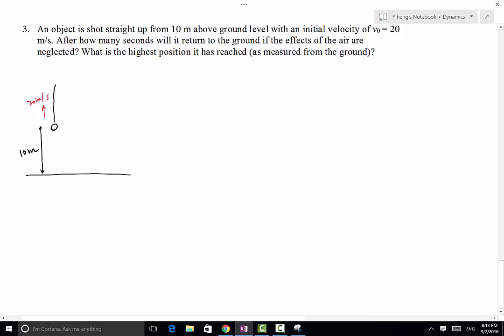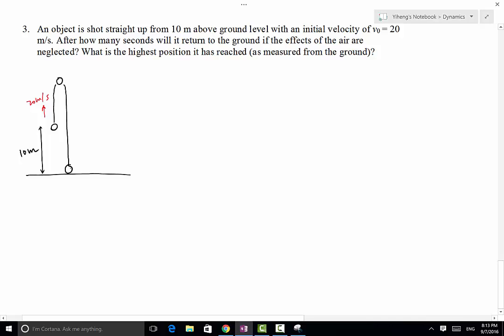From our experience with free fall, we know that it's going to reach a highest position, and then it will come down again because of gravity.